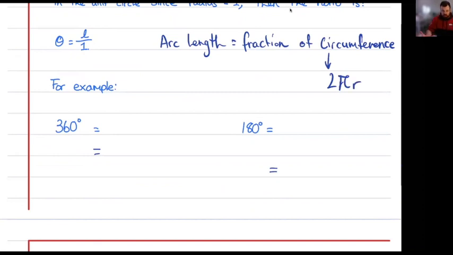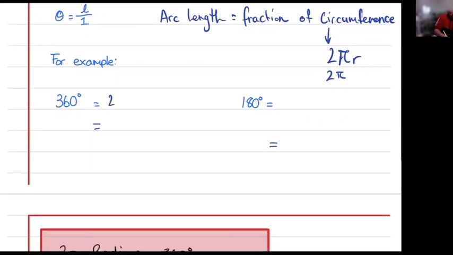In the case of the unit circle, because r is 1, we're just going to be dealing with 2 pi. So when it comes to 360 degrees, we've got 2 pi times the radius of that circle, which is 1, so it's just 2 pi. And we've got to divide it by the radius of that circle, so 2 pi over 1, and that is just 2 pi.